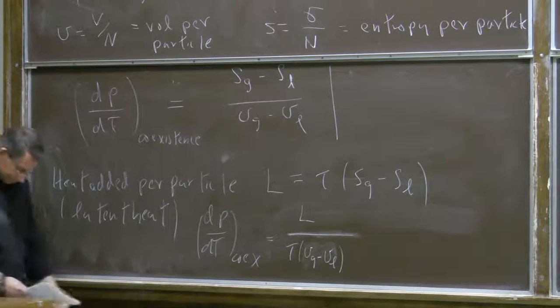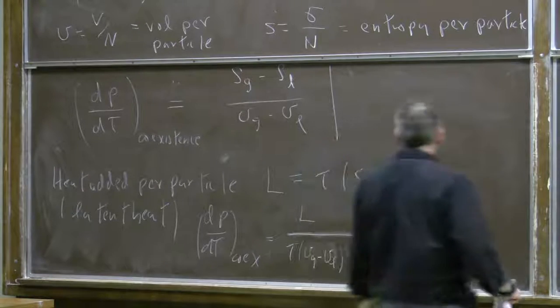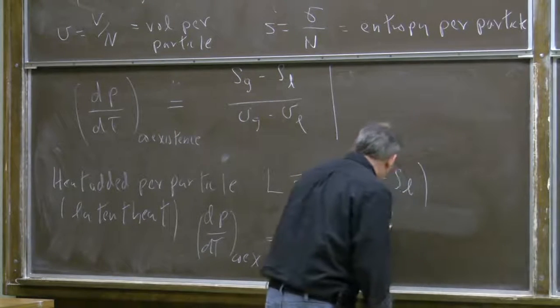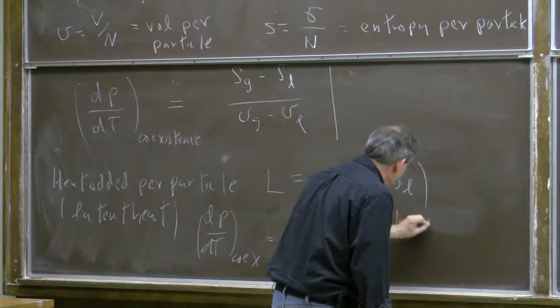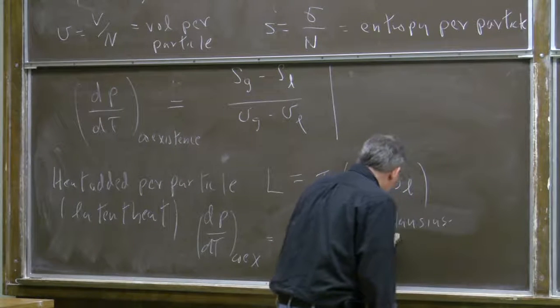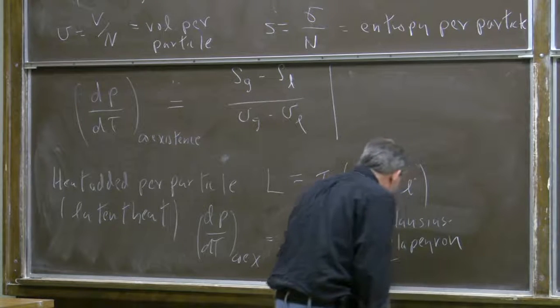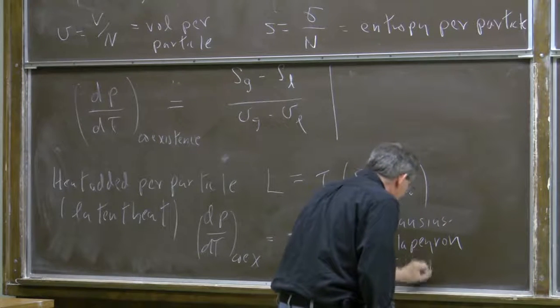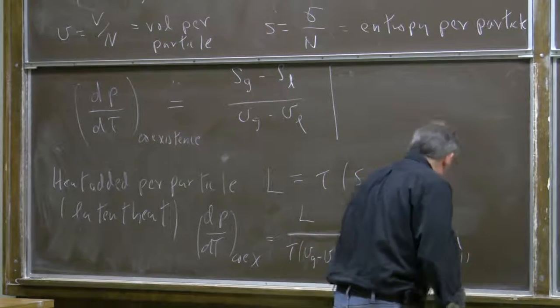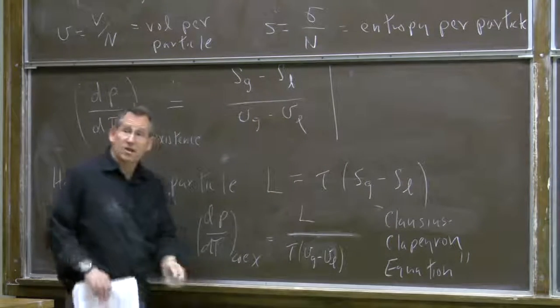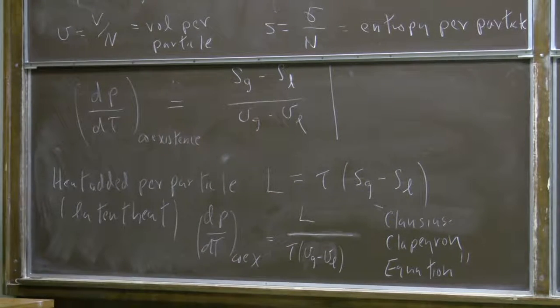Okay. So this is called the Clausius-Clapeyron equation. It's an example of a property of a phase transition which doesn't depend on the microscopic details.